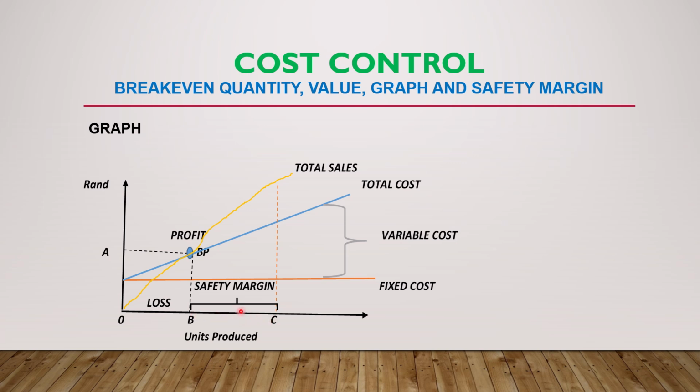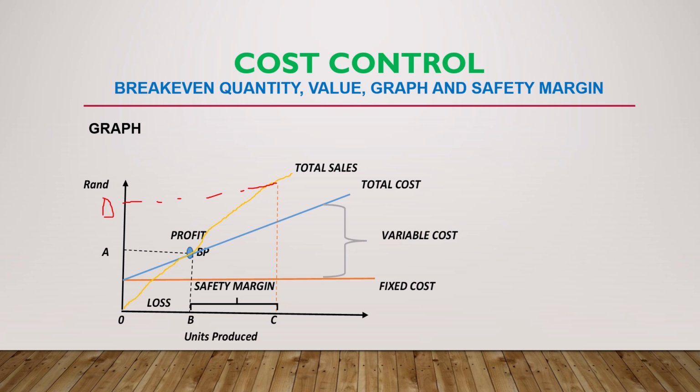So let's say here we sold C units of goods. Okay, let's say 21,000 in that example. We sold them, and then because we sold them, we received this amount of money. Let's say this amount of money is D. Okay, so where is your safety margin?